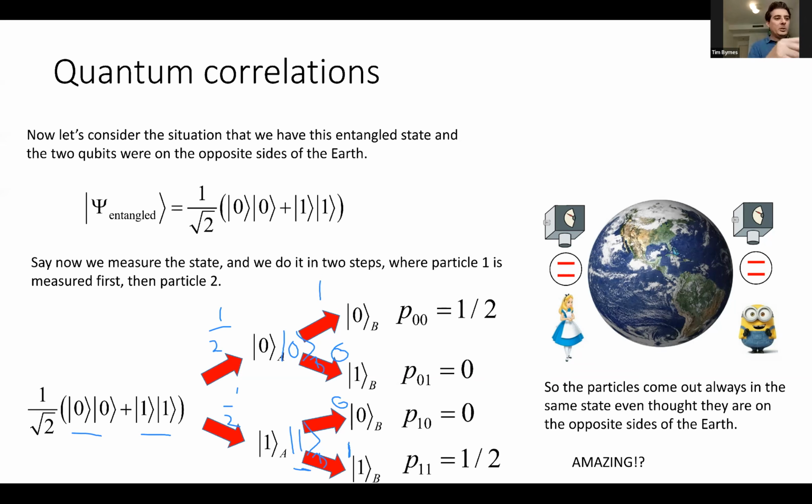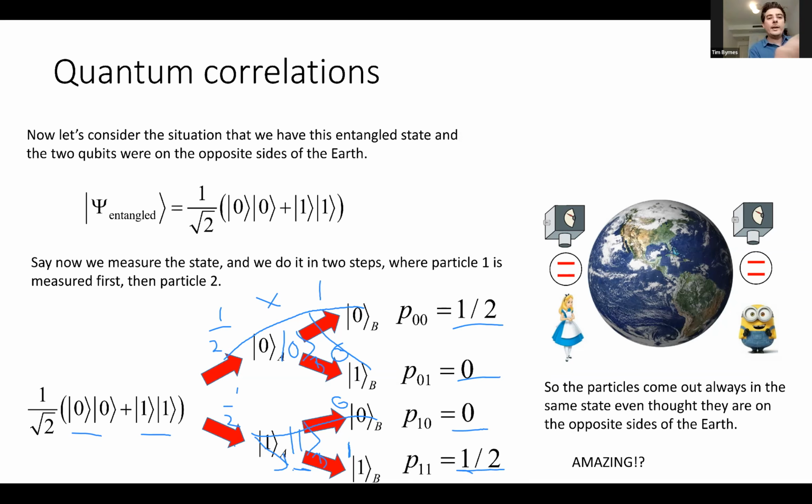So if you multiply these two probabilities together, for example, this branch here is a half times a 1, which is a half. This branch here is a half times a 0, which is 0. This branch here is a half times a 0, which is 0. And this final branch is a half times 1, which is a half. So, okay, we did it in 2 stages, but actually this is just like what we already learned in this composite systems chapter.